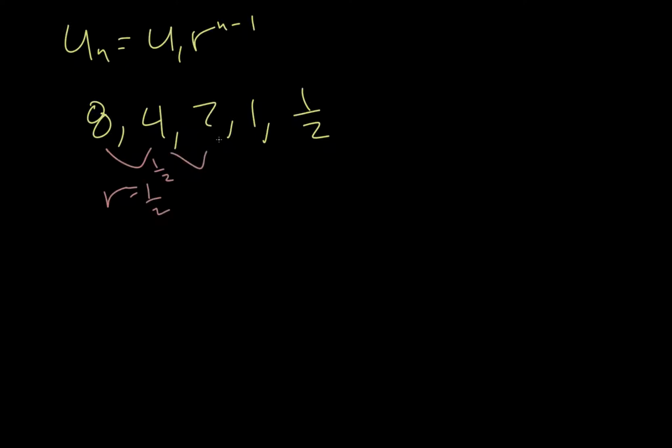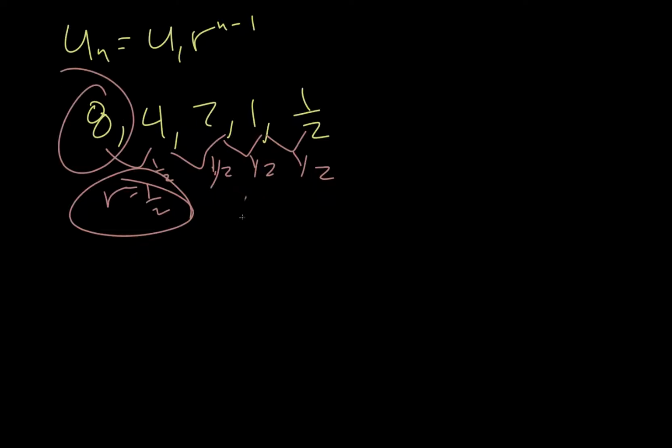So we are multiplying by 1/2 every time we go. Okay, so our common ratio is 1/2, and then we just have to state a starting point. So once we state those two pieces, we know that it's geometric, and that satisfies what it's asking on part A.